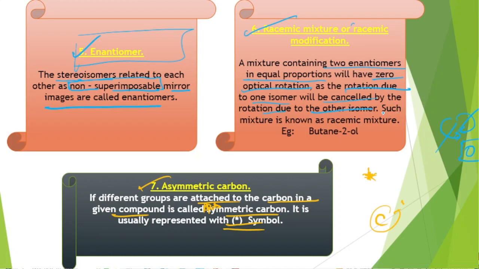Clear? Such a mixture is known as a racemic mixture. Example, plus or minus butan-2-ol is a racemic mixture. To be clear, I will write here plus or minus butan-2-ol.